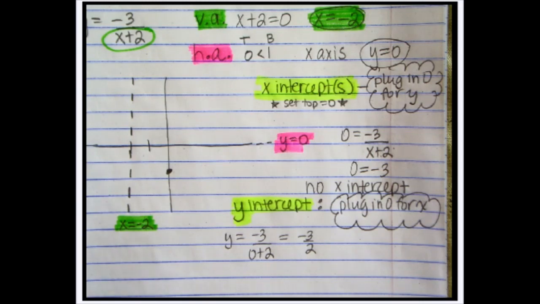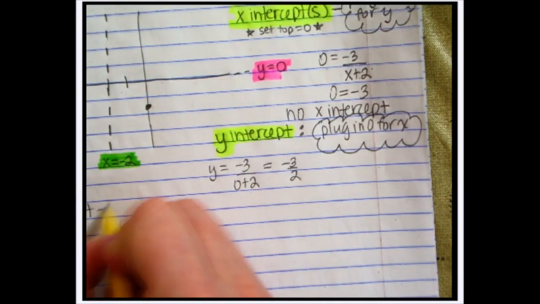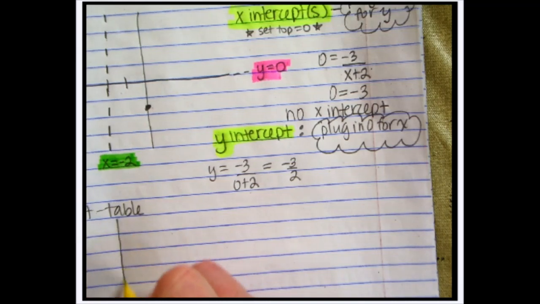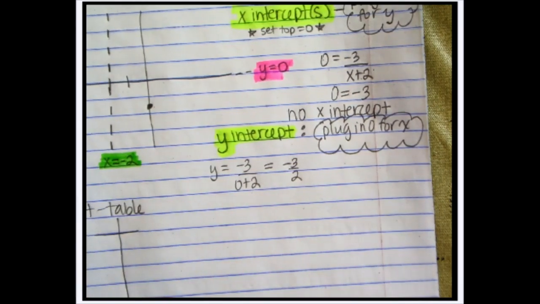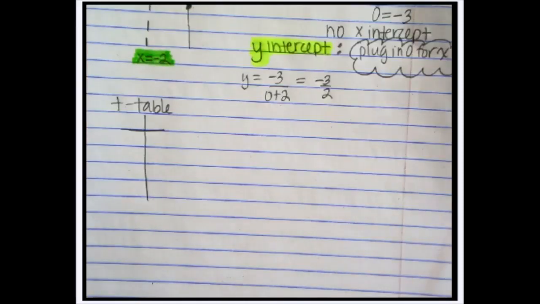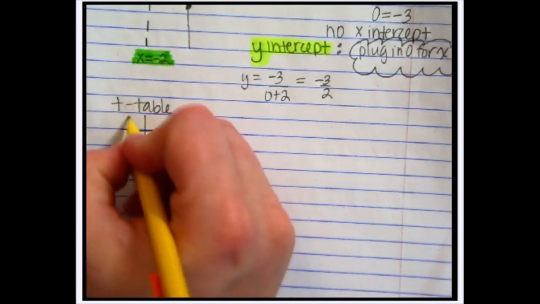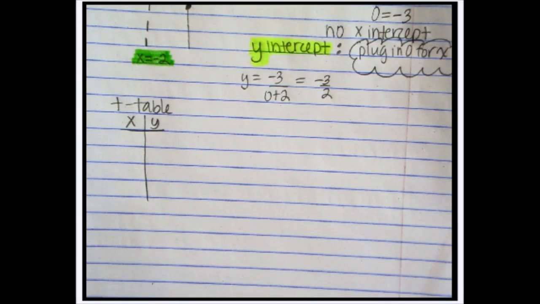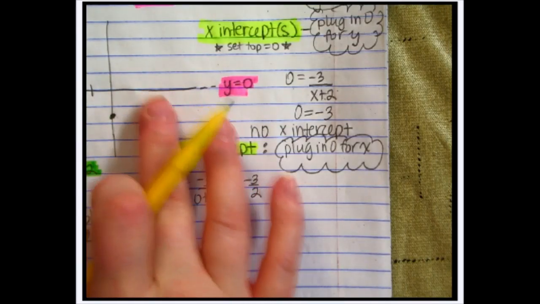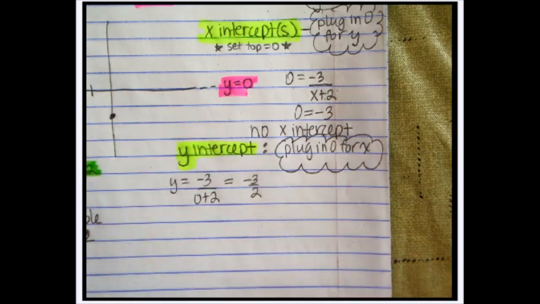Well, we can always do a t-table. If nothing else, that is one way that we can fill in a graph, and that's just by picking numbers for x and finding out what their y partner is. So let's concentrate over here and see what we can get there.